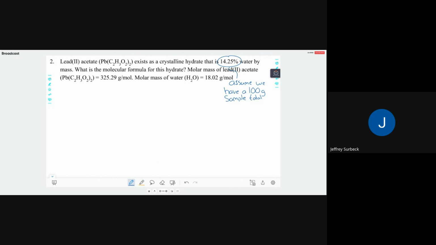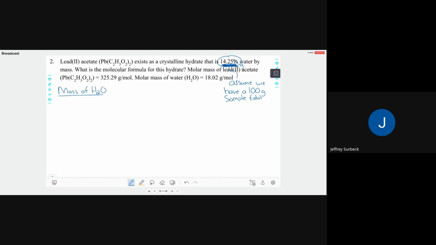So we go back to this 100 gram total sample, and we need to figure out how much water versus how much anhydrous compound we have. I'm going to start with water. I always like starting with water in these problems. Our mass of H2O, in a 100 gram sample, the 14.25% just becomes for us 14.25 grams of water.